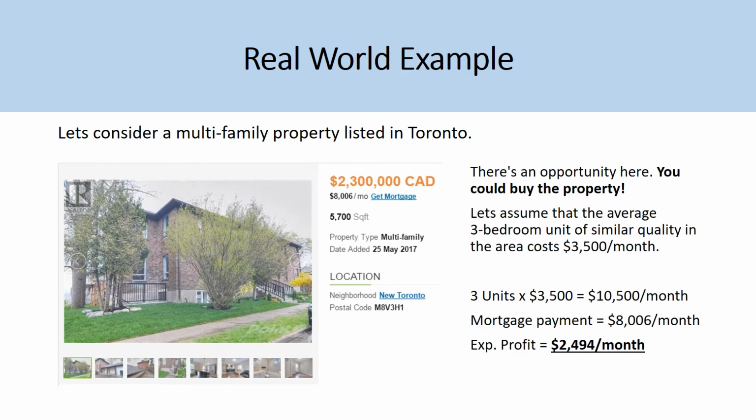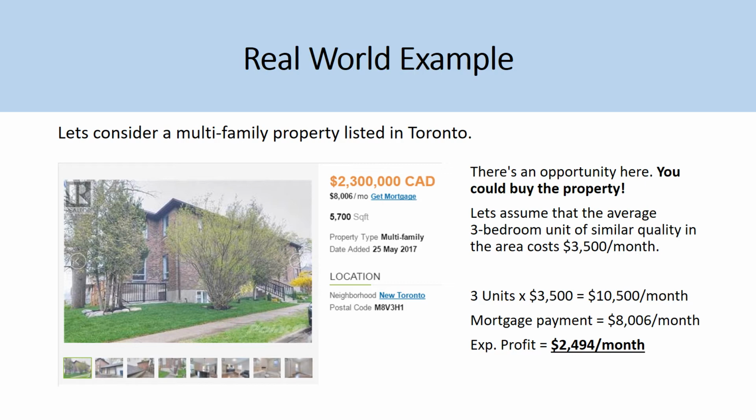Now, there's an opportunity here, right? You could buy this property. Let's assume that the average three-bedroom unit of similar quality in that area charges about $3,500 a month relative to what the landlord is currently charging of $3,000. So with that, we multiply 3 times 3,500, a little back of the envelope kind of calculation, and we're assuming that each month it will generate about $10,500.